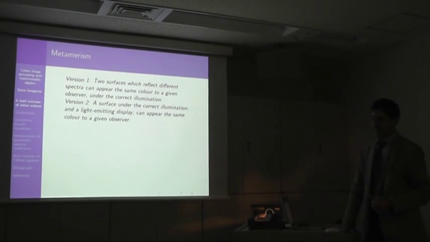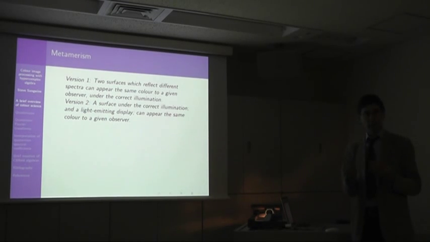Now, metamerism is what makes possible computer displays, and it makes possible printing and all sorts of other technologies, because this is the key to reproducing colour. These are two statements about metamerism. Okay, the first one says you can have two surfaces which appear the same colour to a given observer under the correct illumination. So let us say we choose natural daylight, and we can make two surfaces which appear the same colour even though they're made of different materials.